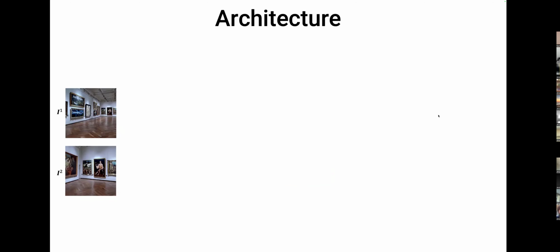Going into the details of the architecture, again, it's very simple. I assume you have 2 images as input, but this can be extended to 3, 4, 5 views as well. I just use two images as an example. You input each one into a ViT encoder, just a standard ViT encoder.